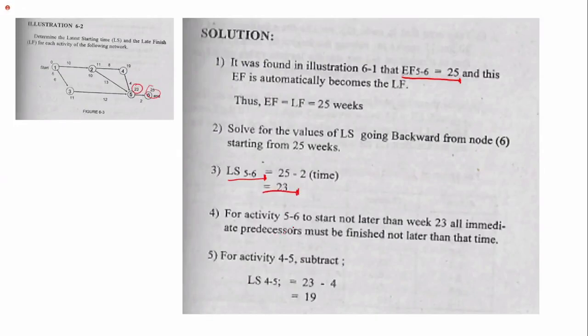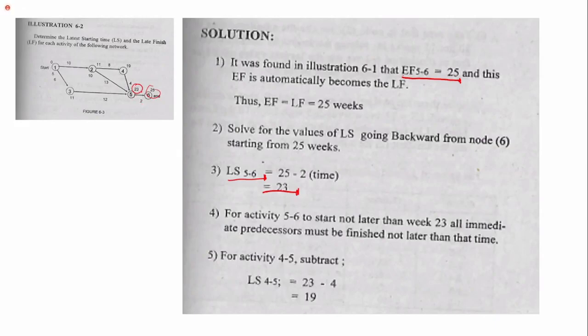For activity 5 to 6 to start not later than 23, all immediate predecessors must be finished not later than that time. So to avoid delaying the project, the activities preceding event 5 should be done on or before 23 weeks.